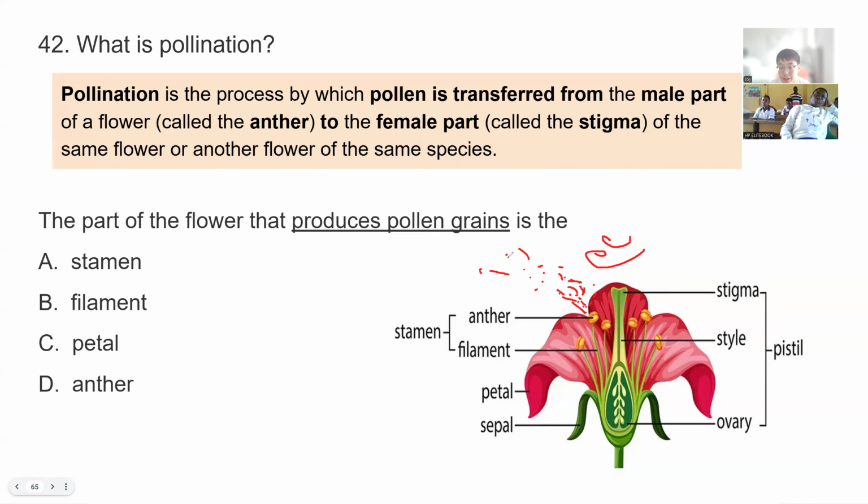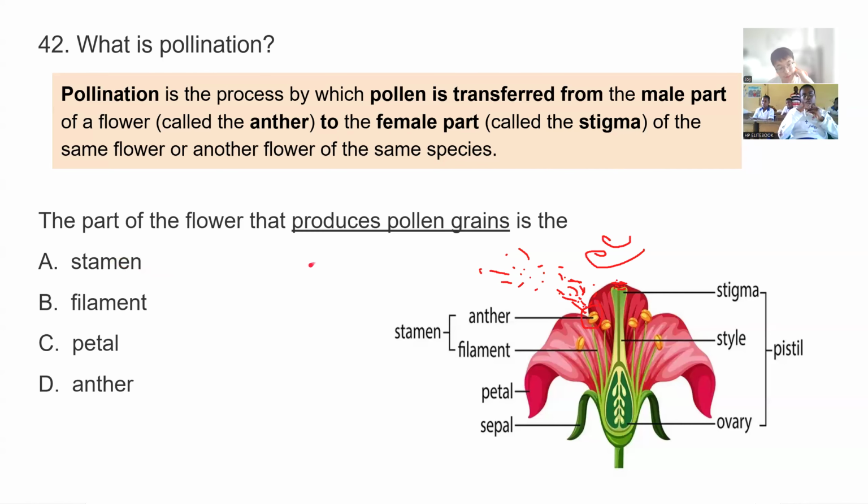It travels to another flower or even to its own, since flowers have both male parts and female parts. And once the pollen lands, it lands on the stigma. It lands on top here. And that's where the pollination occurs. So it is produced by the anther.